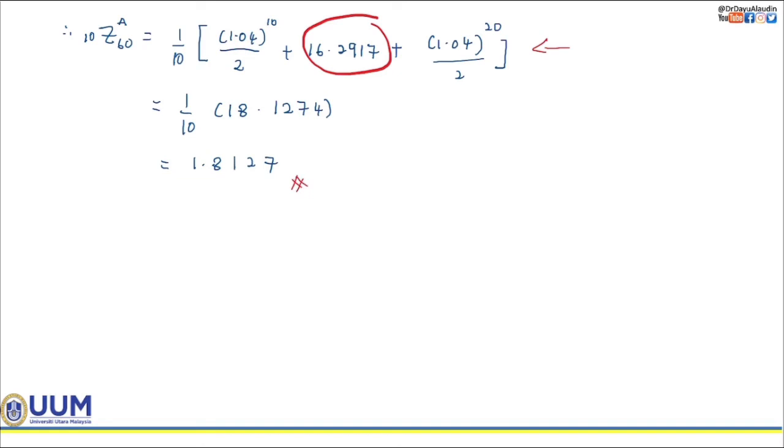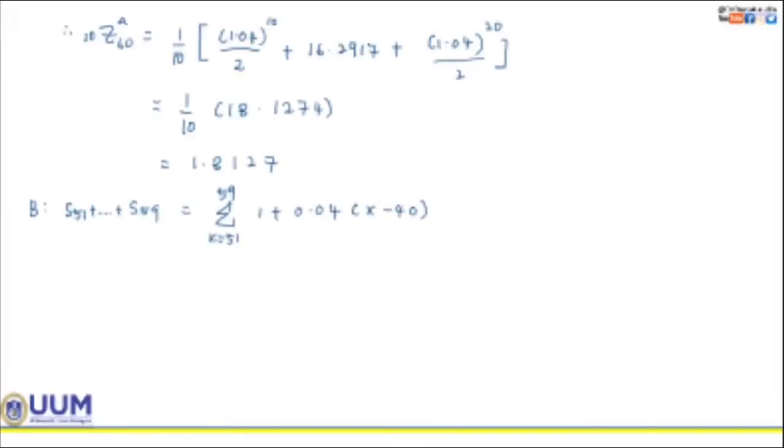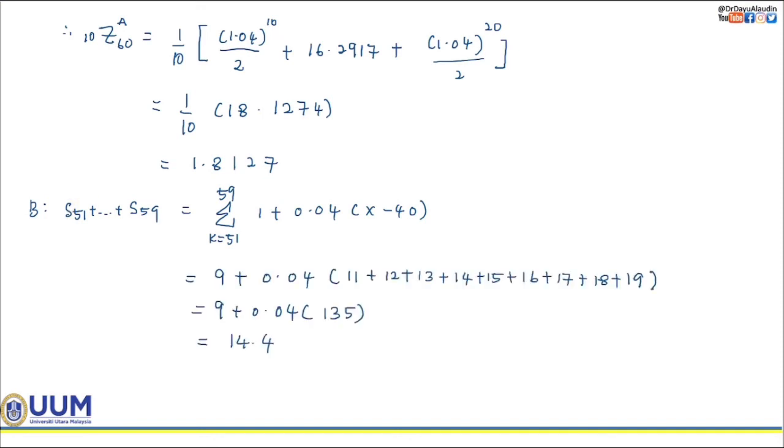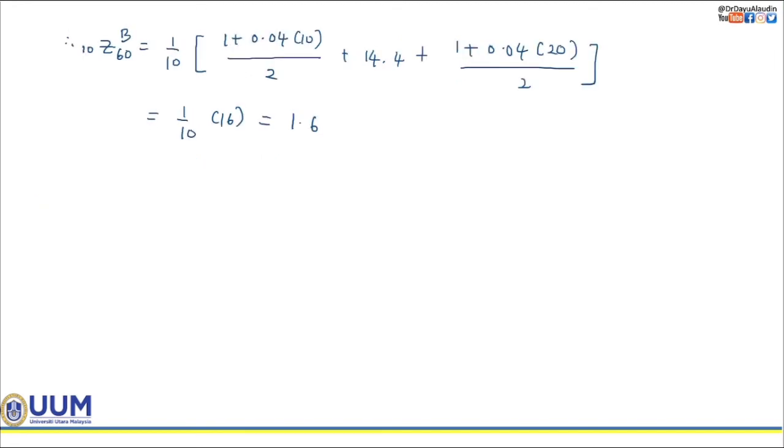Now we find for employee B. So same, we find the middle. So this time we can sum one by one. And finally we get 1.6.